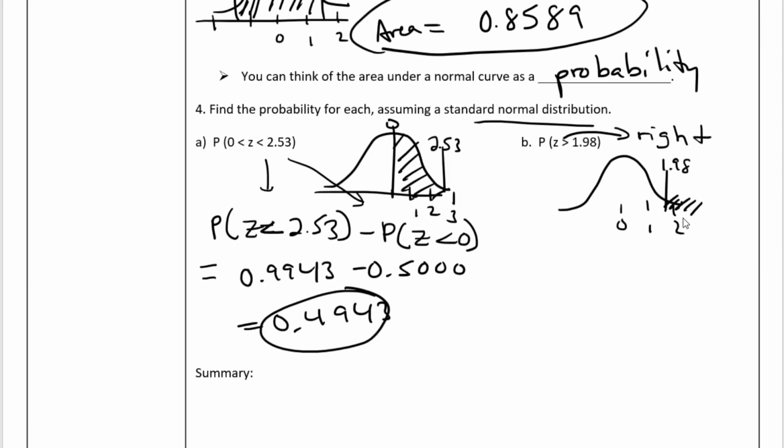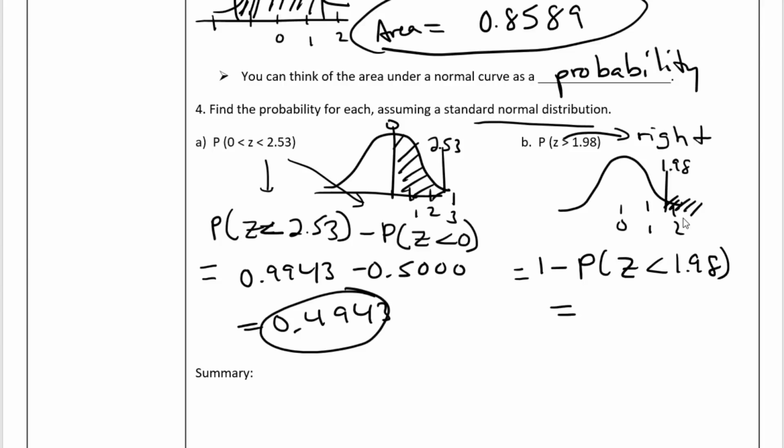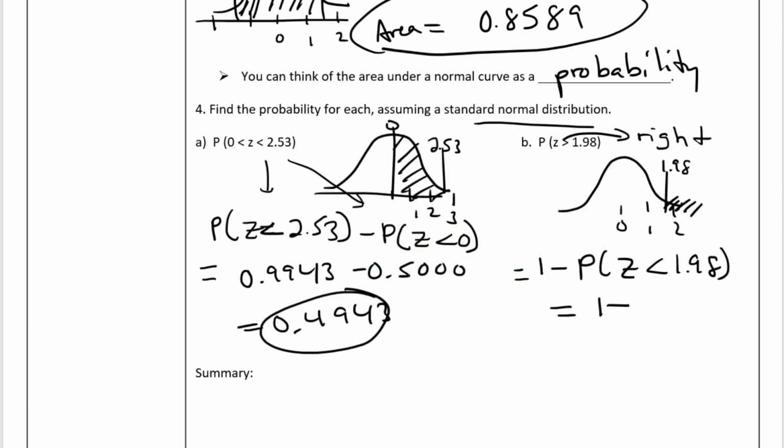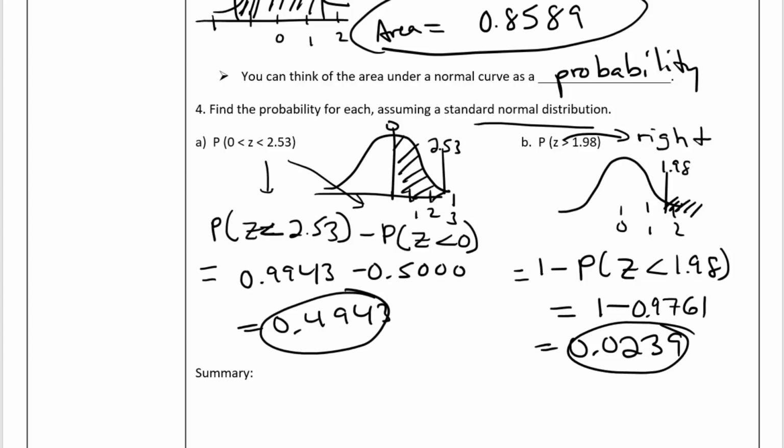So we're going to be doing 1 minus the probability from the table, which gives us the left side. So we need to look at 1.98 on the table and subtract, and then we're done. 1.98 is 0.9761. That'll give us 0.0239. All right, and that's all there is to it.